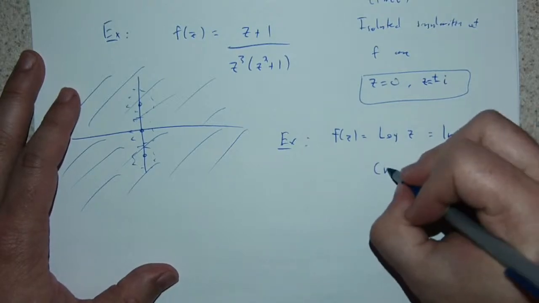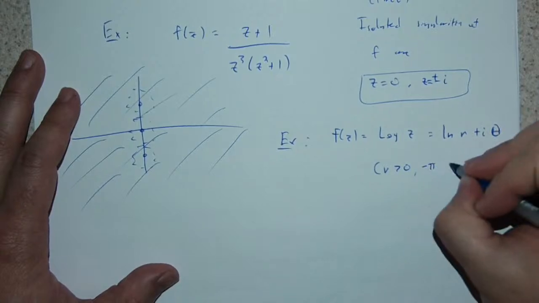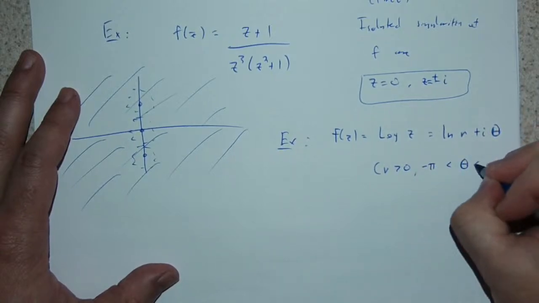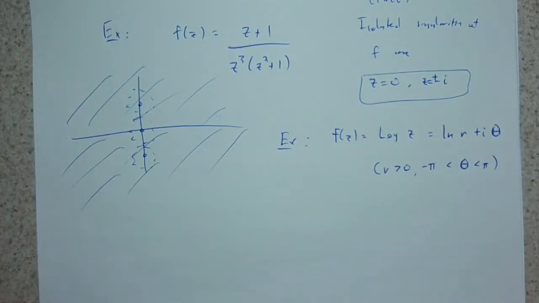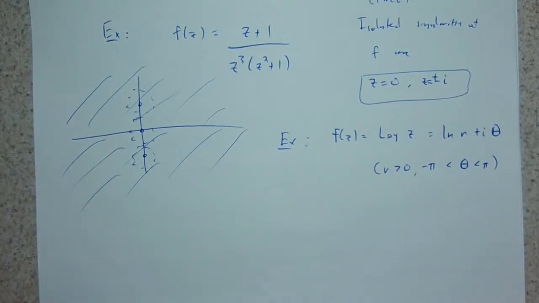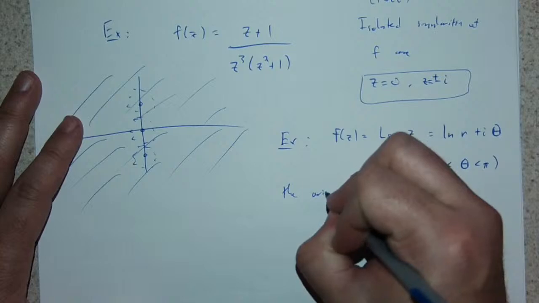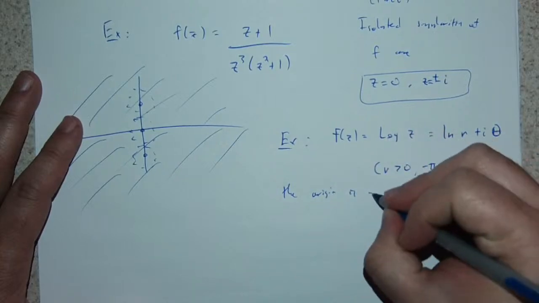So the cut that I've taken, r is strictly greater than 0, and theta is strictly between minus pi and pi. Of course, you can take any point along the branch cut here as a singular point, but let's just look at the origin. The origin is a singular point.